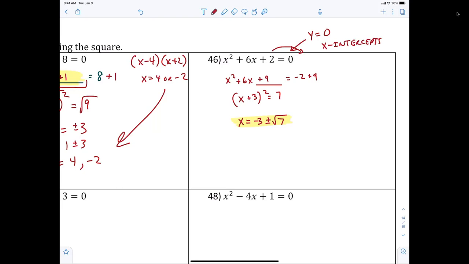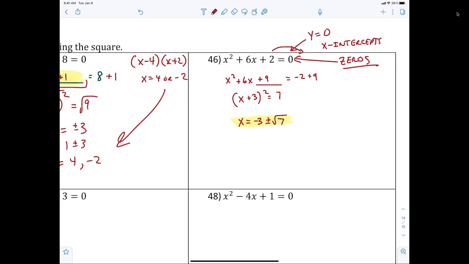Now, the x-intercepts are also called the zeros. Why do you think they called them the zeros? Because that's when the what? Y value is 0. That's because the y value is 0. That's what you're looking for. And if the y value is 0, you're looking for the x-intercepts.